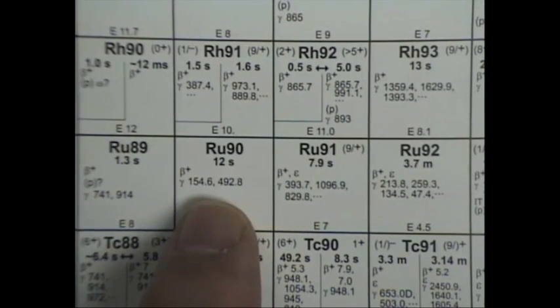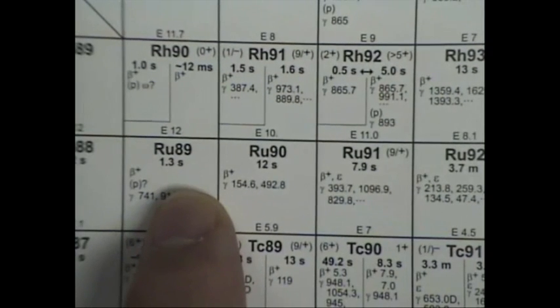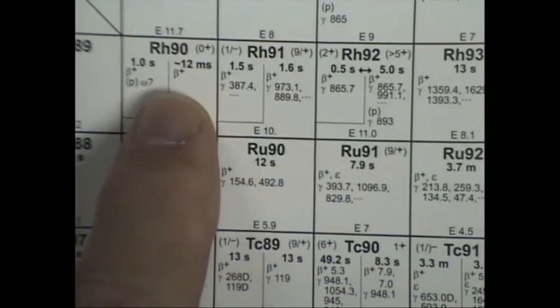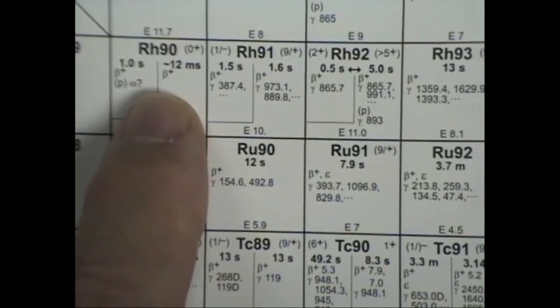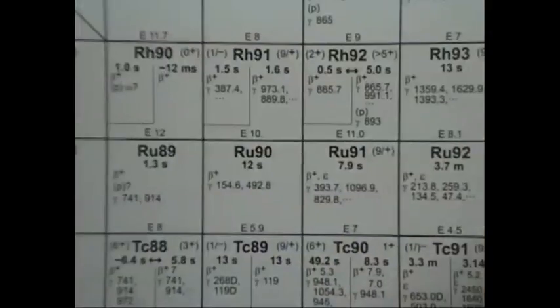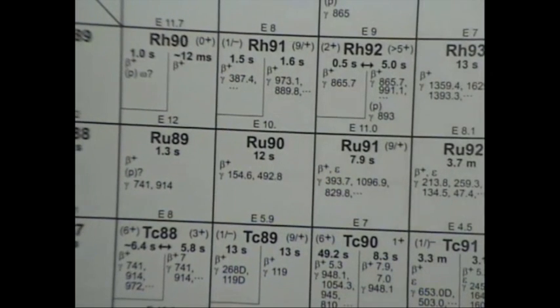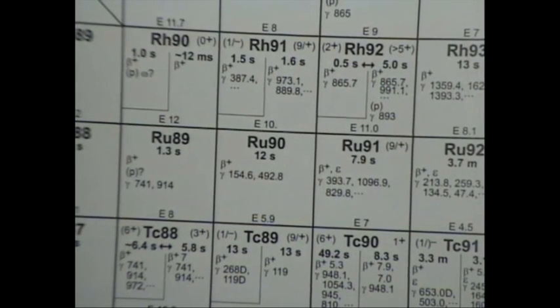Keep in mind, neutron going away, so we'll go over 1. Proton coming into play, up 1. And Ru is ruthenium. Rh is rhodium. And so we go to rhodium. And it likewise undergoes a beta positive decay.